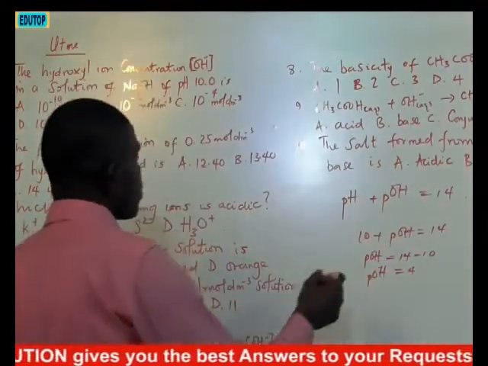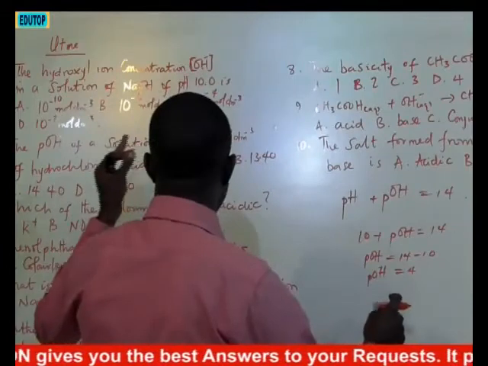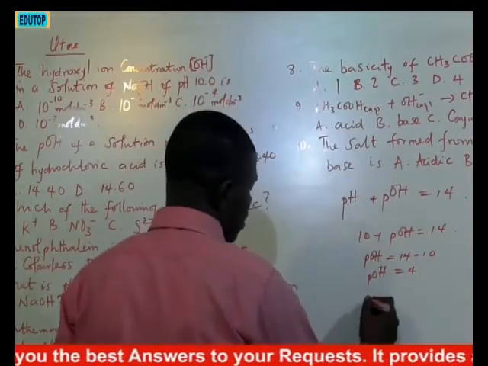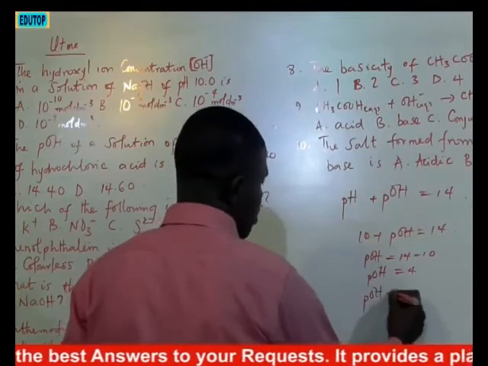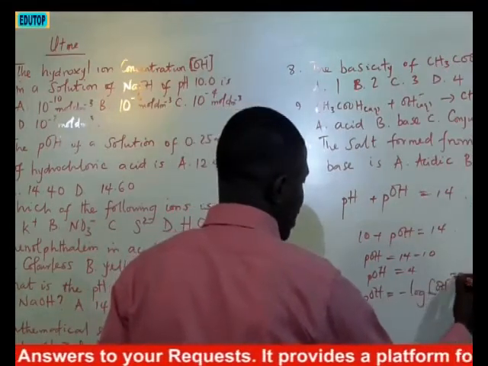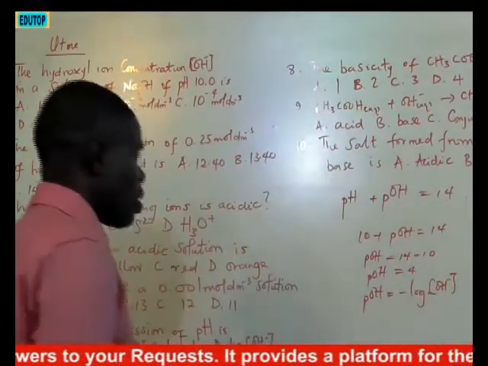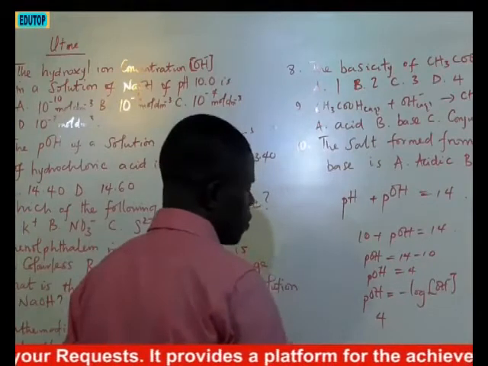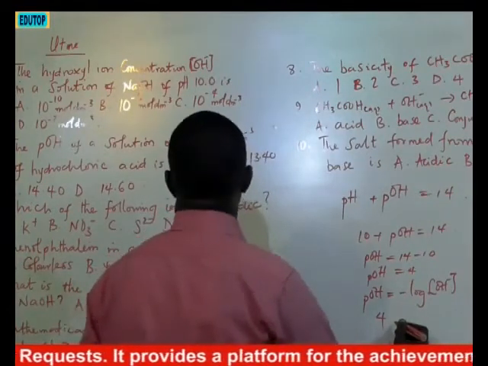So since our pOH is equal to 4, and the question asks us to find the hydroxyl ion concentration, we know that pOH is the negative logarithm of hydroxide ion concentration. So in that situation, we have this to be 4.